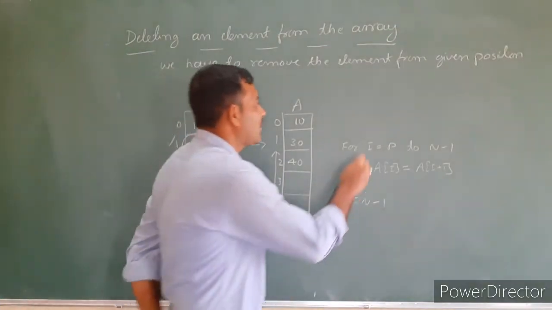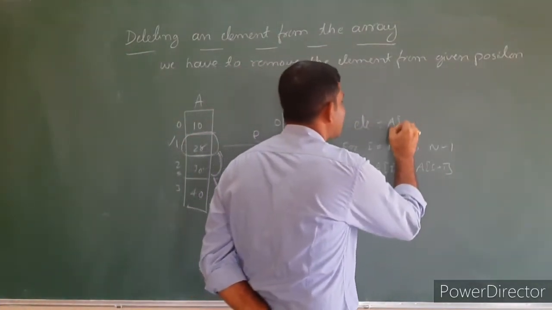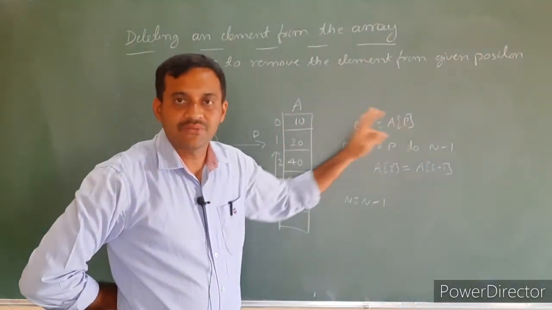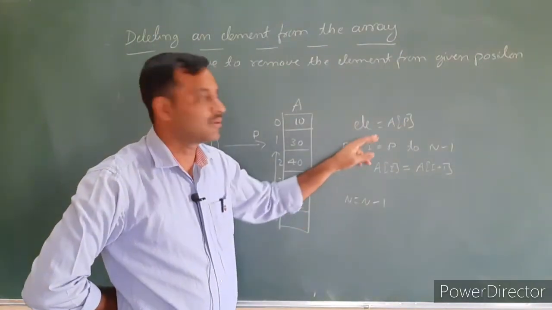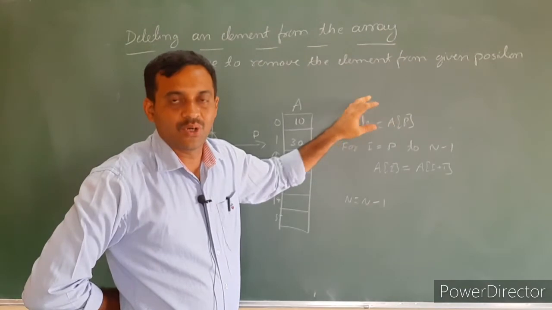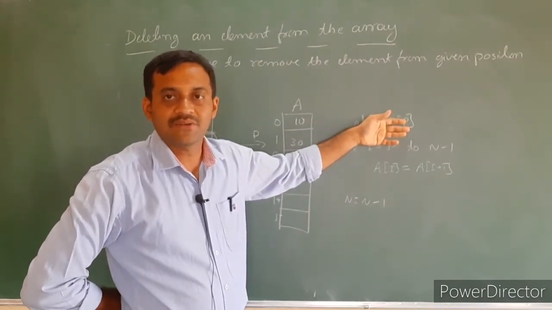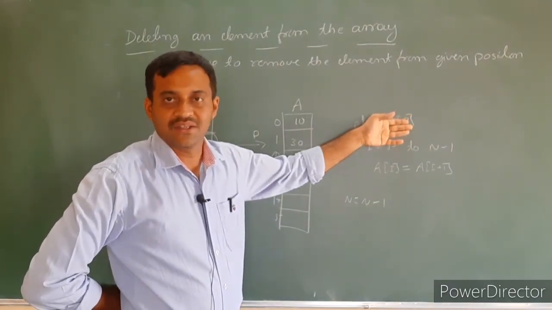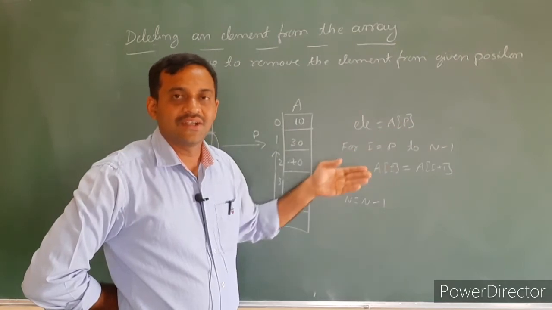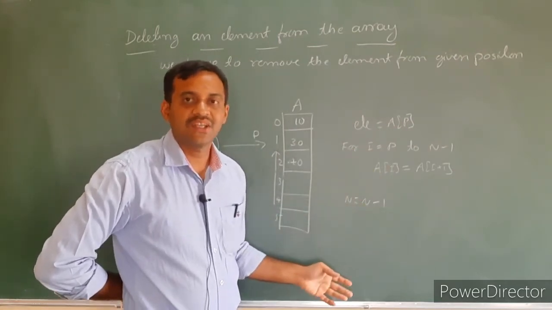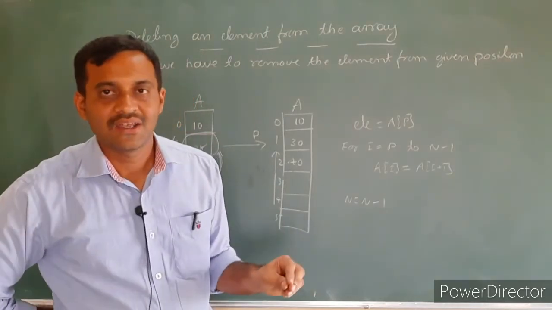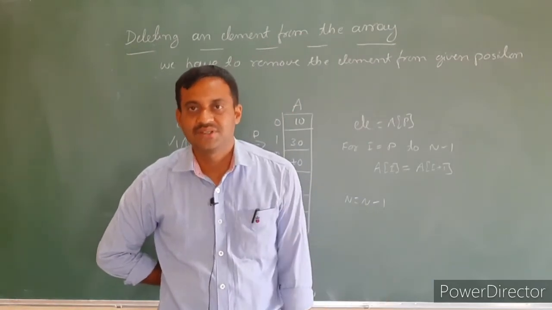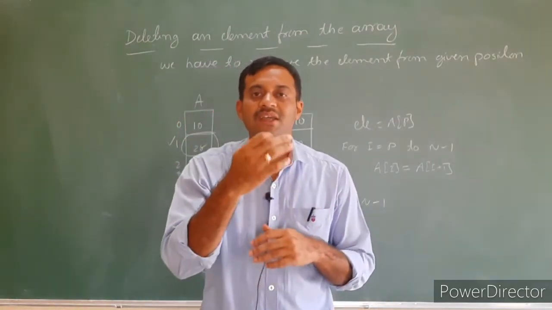Hence, before that we have to take a copy of the A of P element, because after overwriting it will be removed, deleted from the array. After that, apply the logic, then reduce the length of the array, then display the array content. The array removes the element from the given position. So that is the process. Just override the elements.